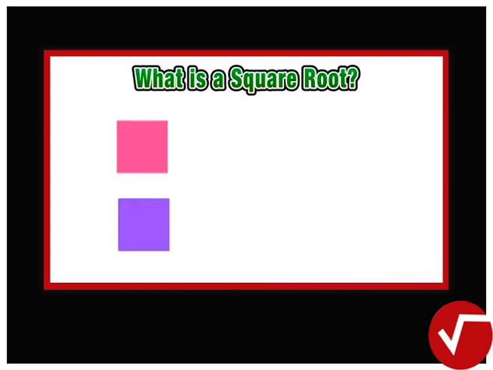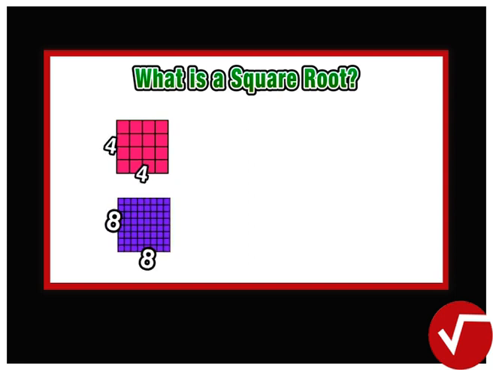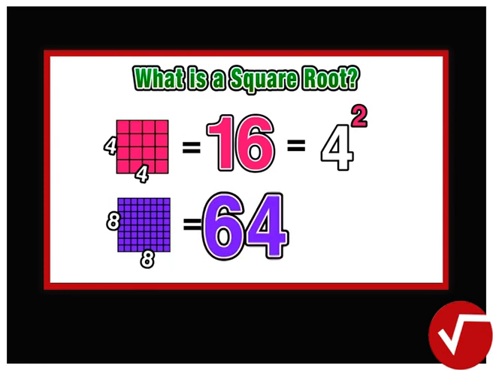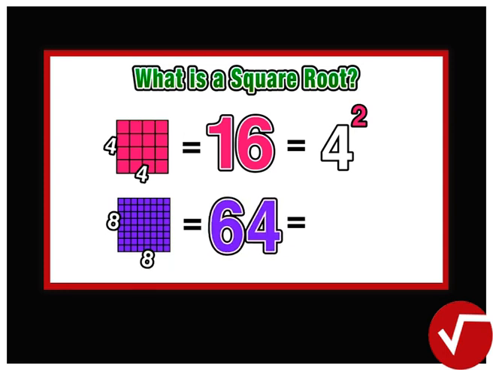Cool. So now we can revisit the two perfect squares from earlier, and that was the 4 by 4 square and the 8 by 8 square. Now 4 times 4, if we think of this in terms of area, is 16, which is equal to 4 squared. And 8 times 8 is equal to 64, which we know is equal to 8 squared.